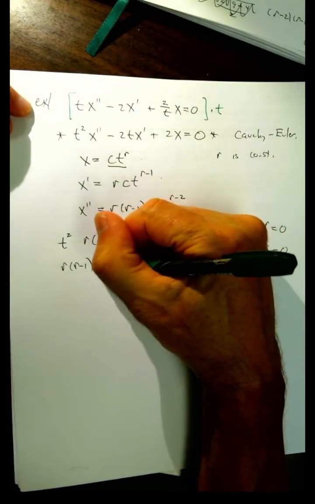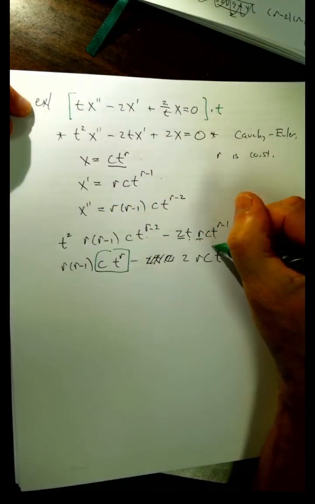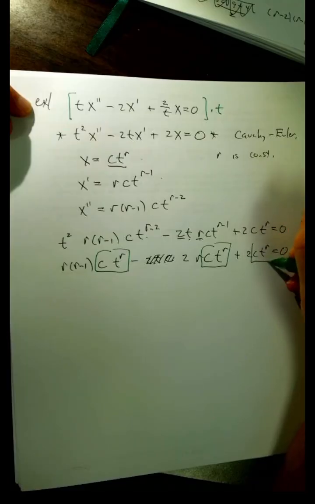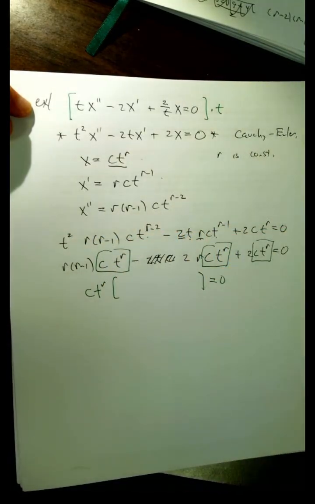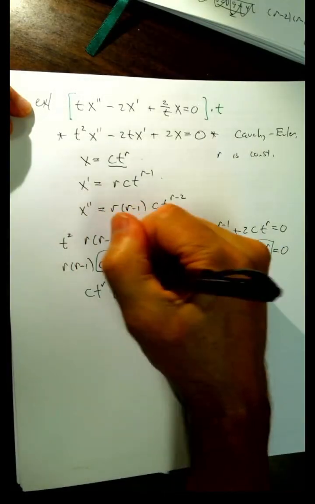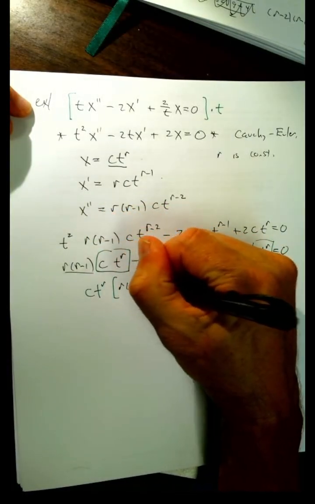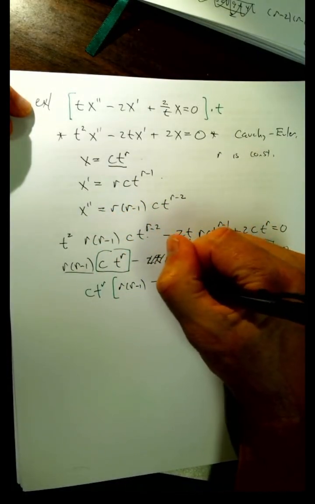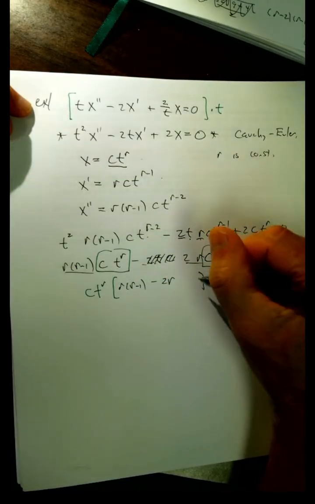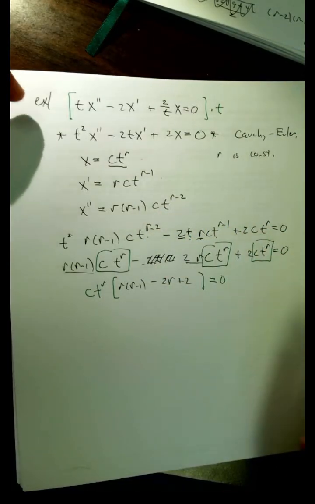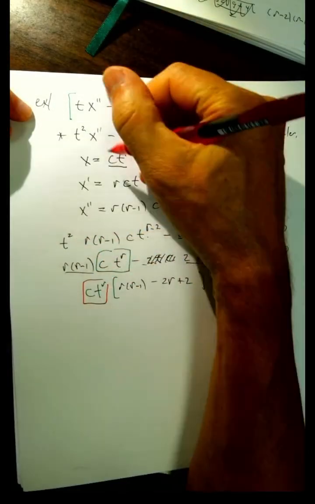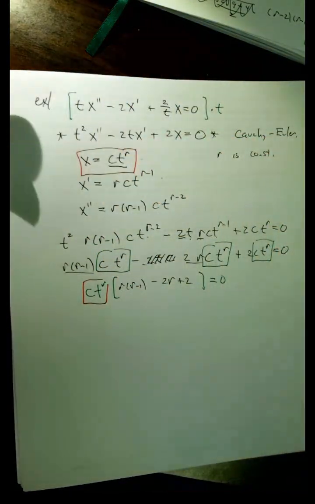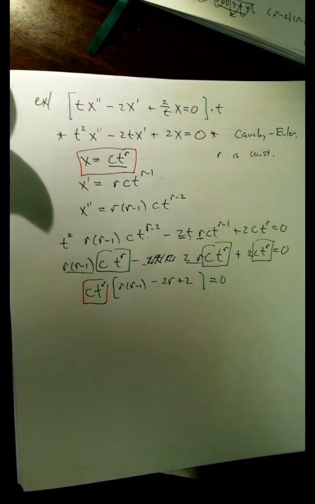Now I notice every term has a c t to the r. So I can factor that out. And I'm left with r times r minus 1 minus 2r plus 2. This is our solution, and we don't want c to be 0.